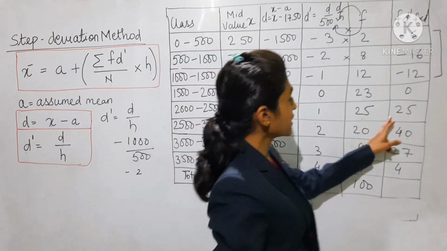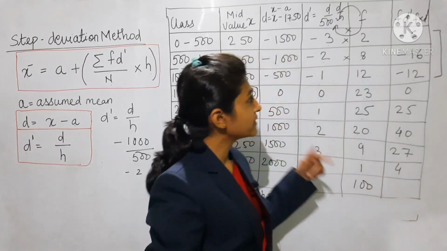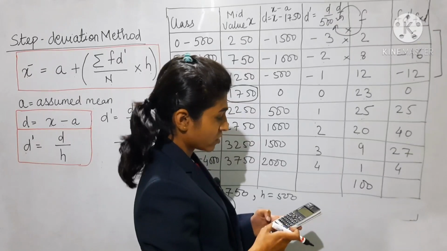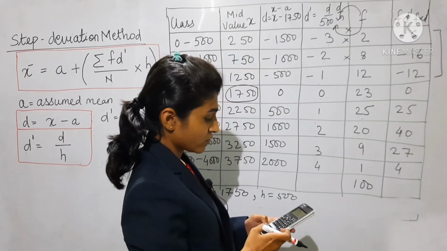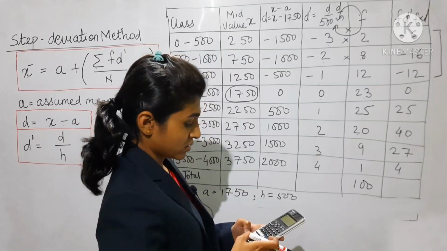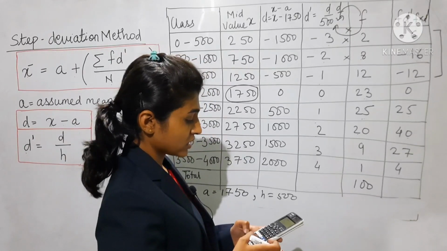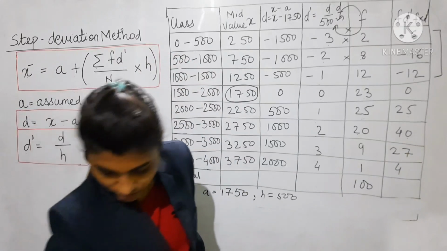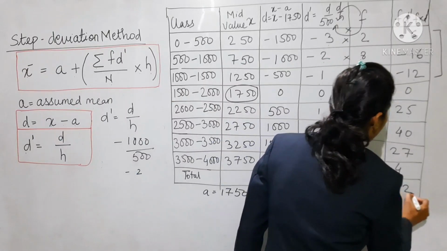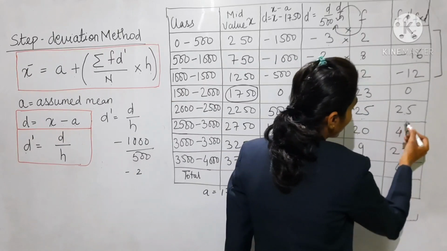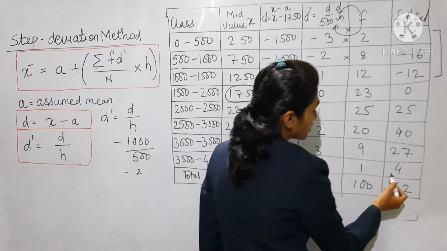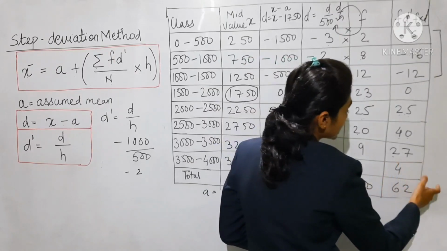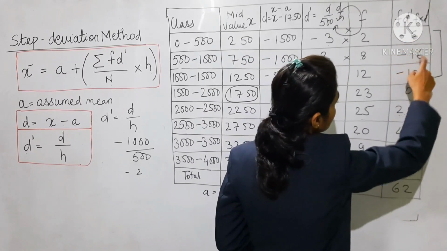Do one thing: first add the positive numbers and then subtract the negative numbers. So 25 plus 40 plus 27 plus 4, whatever answer I got, I subtracted 6, 16 and 12 from it.